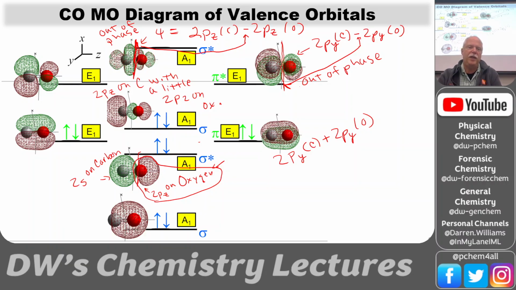And then this is the 2px's, same thing. So this is the X version, and these are the Y versions. So those are the molecular orbitals on carbon monoxide. Anything I can clear up for you?